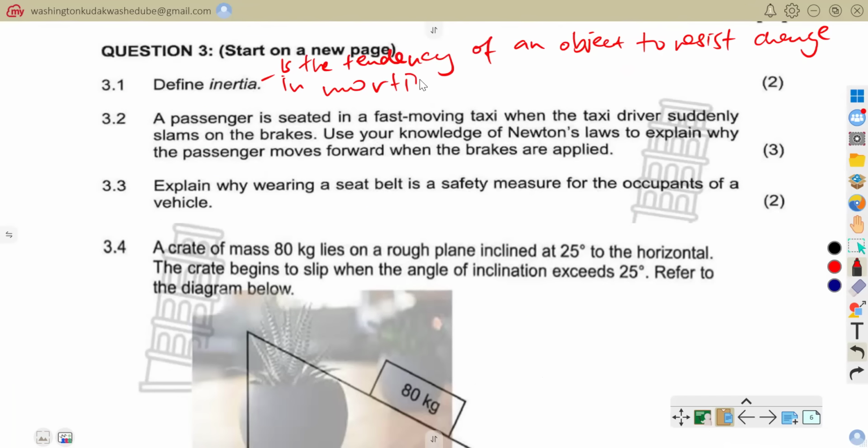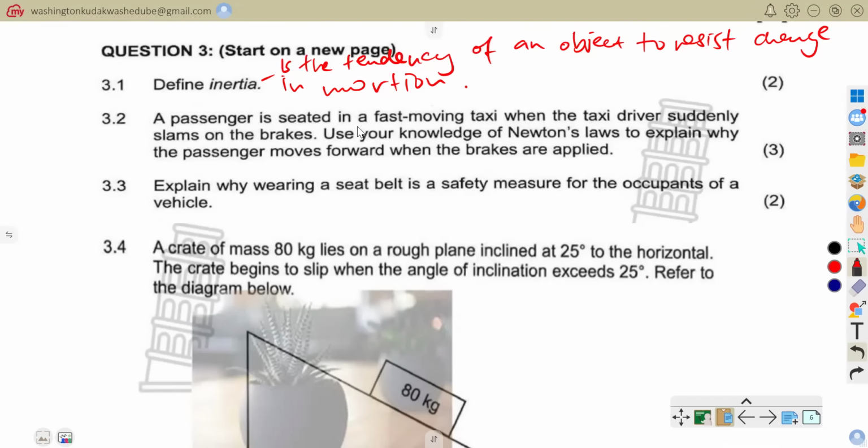That is derived from Newton's law. So it is the tendency of an object to resist the change in motion. It can either stay in its constant state of motion or else at zero, or at rest.